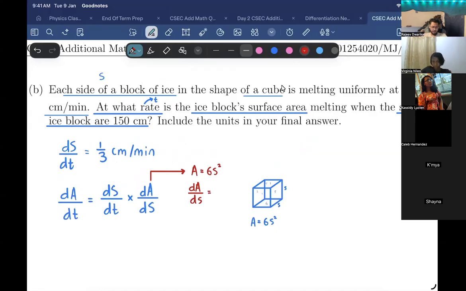If I differentiate that, what would I write? I'll end up with 6 by 2, 12s. Great. What next? dA ds is equal to 12s. Now I'm plugging in when the s is what?